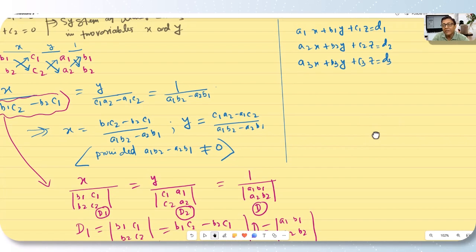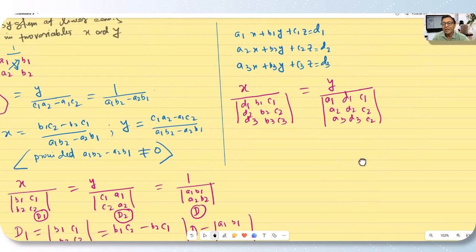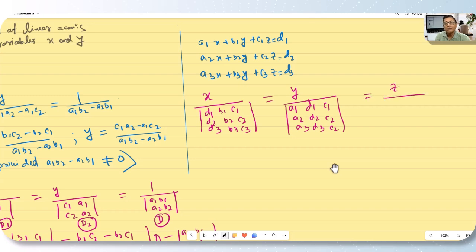If we modify this thing here, the solution is going to be x by the determinant with d1, d2, d3 and then the coefficients b1 c1, b2 c2, b3 c3; then y by the determinant where this column is replaced by d1, d2, d3, with a1, a2, a3 and c1, c2, c3; and then z by the determinant where this column is replaced by d1, d2, d3, while the rest remain the same, a1, a2, a3, b1, b2, b3.